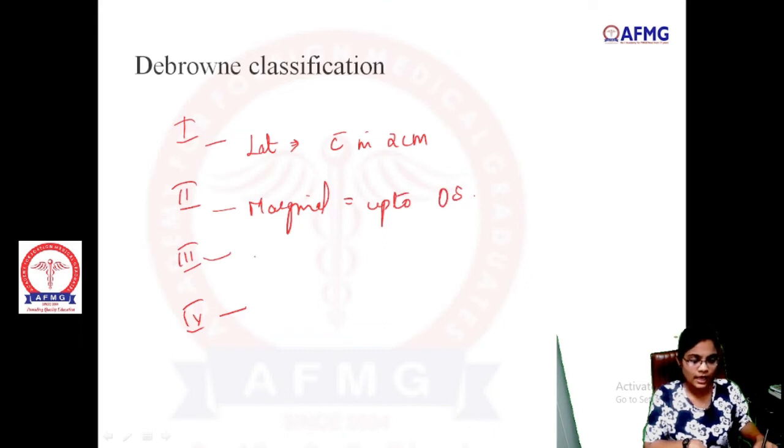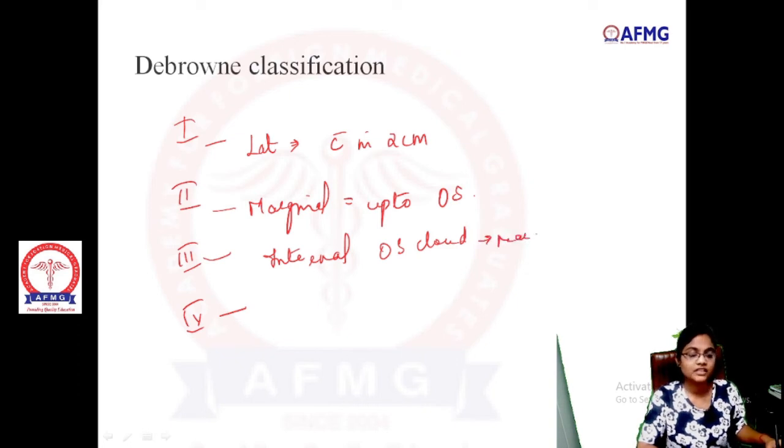The third one, in which the internal os is closed but the placenta is near the internal os, covering it. And fourth, totally covering the os. So this is your de Browne classification of placenta previa, which you have to remember.